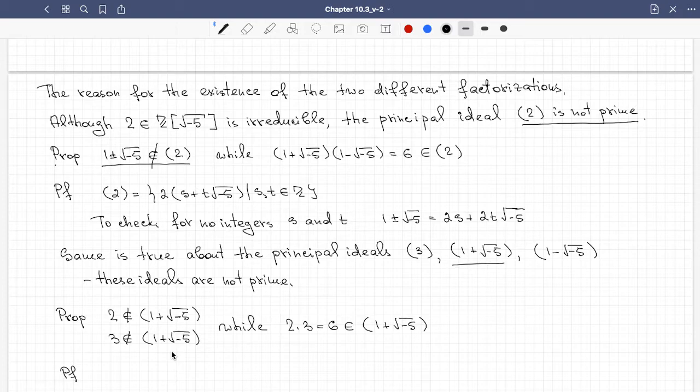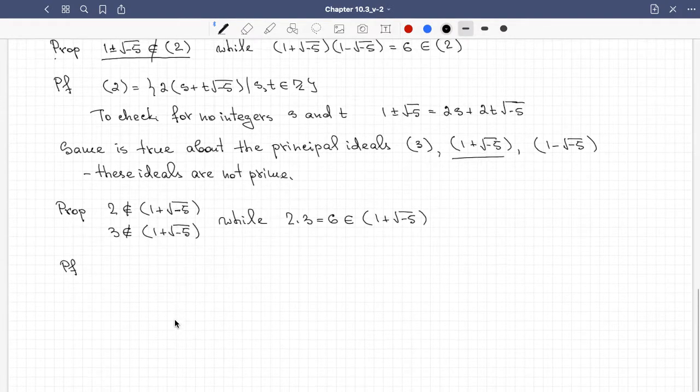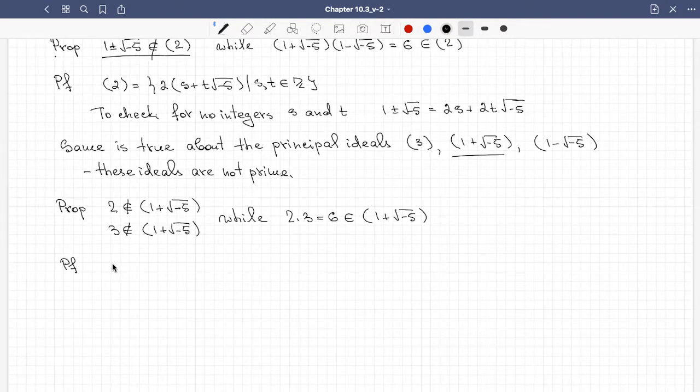Now let us check that 2 is not an element of this ideal.